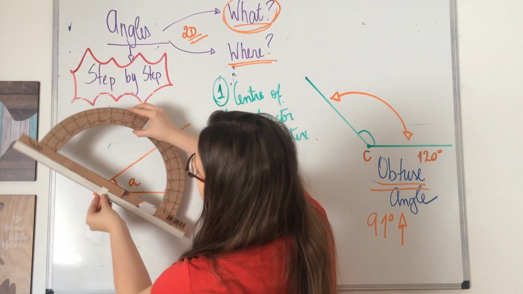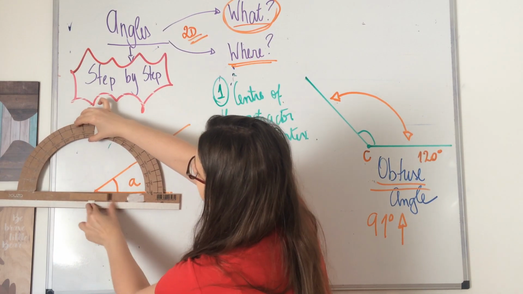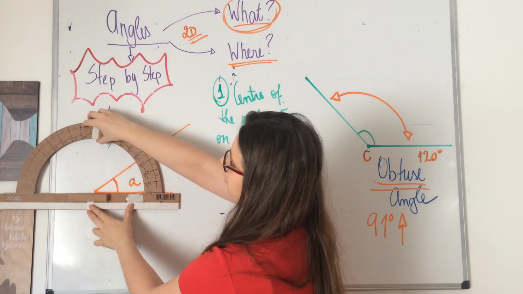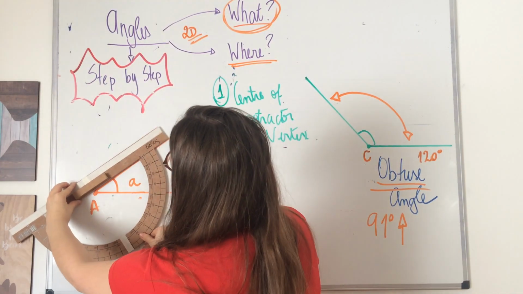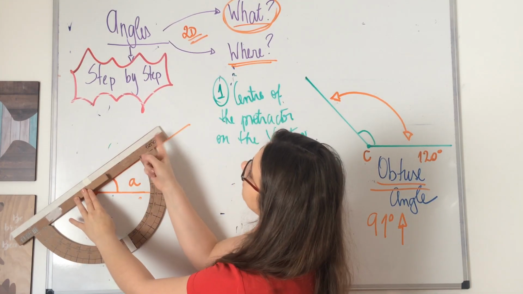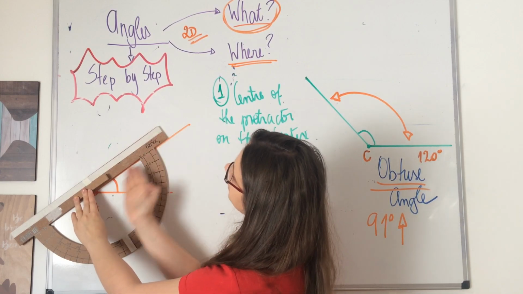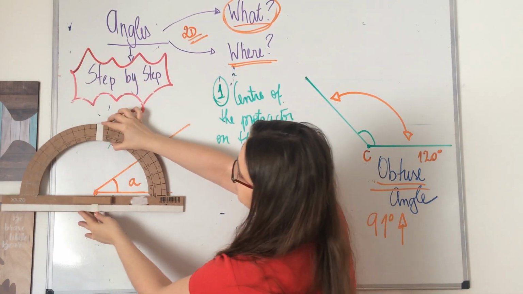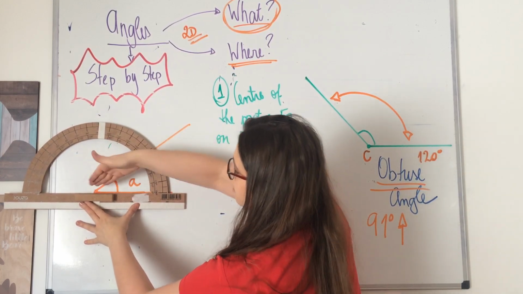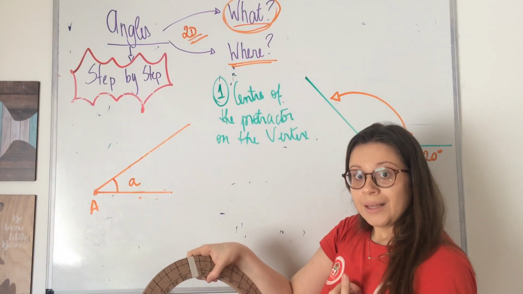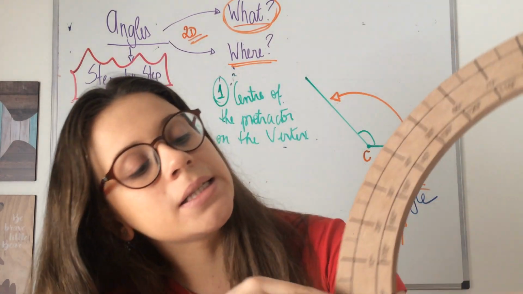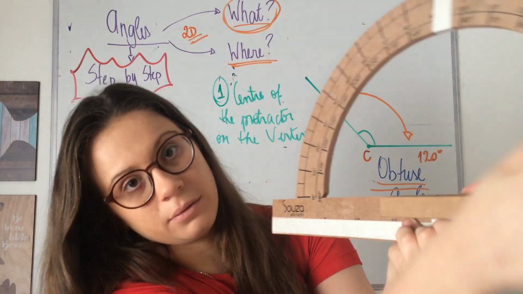So for example, in here I have the option to put on this arm, or I have the option to put on this arm of the angle. I choose. The thing is that when we measure an angle, we need to go from 0 on.